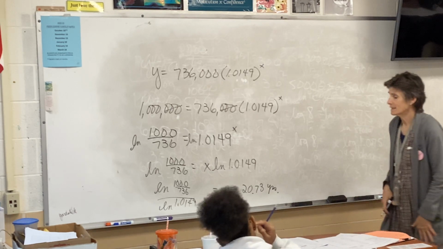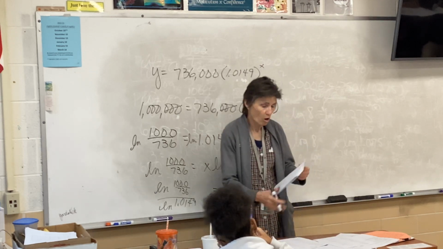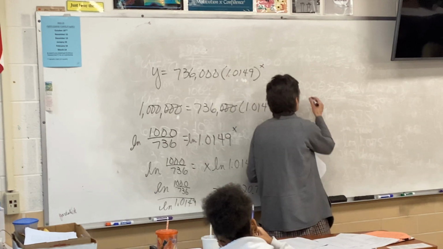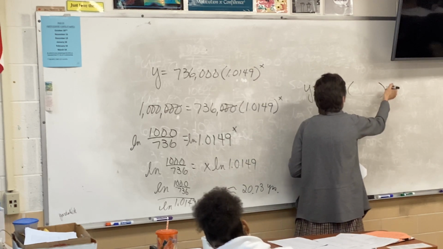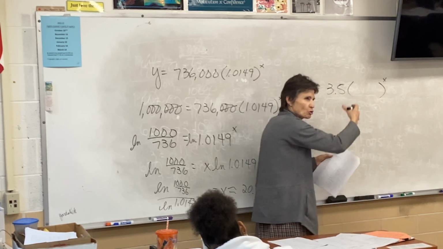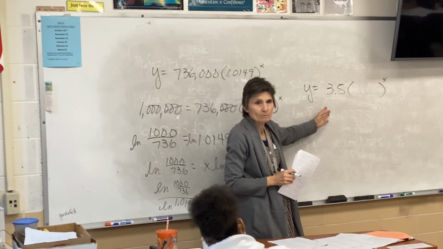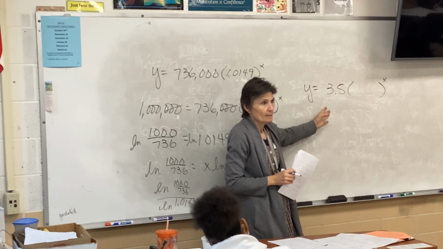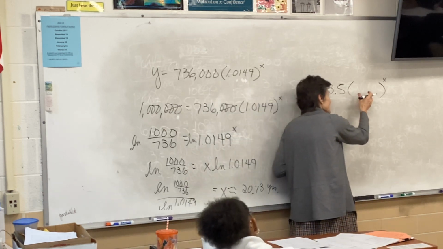All right, so we need to write an equation for that. Does anybody have a thought about it? Now, they tell me I'm starting with 3.5 grams. So my brain is going this direction, because that's an initial value. If I do that, what would have to be in here?